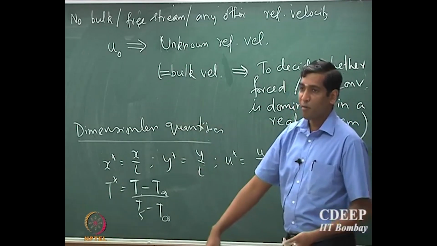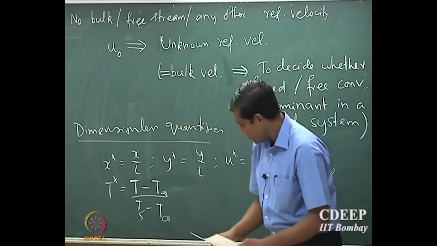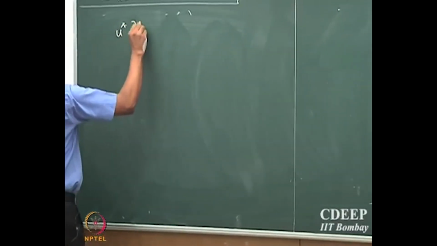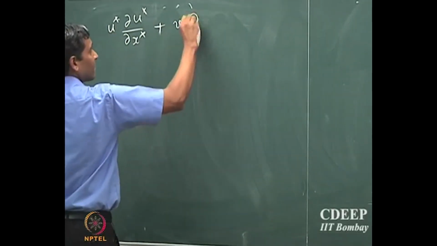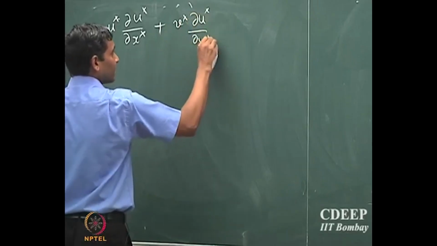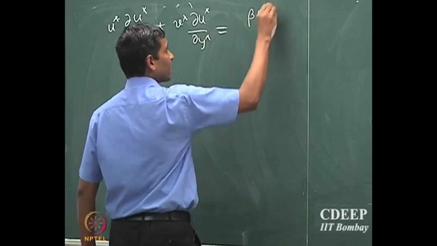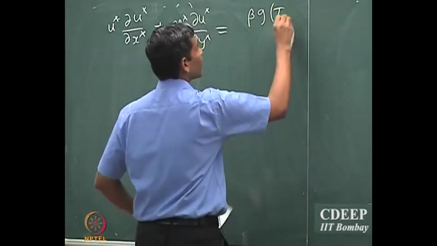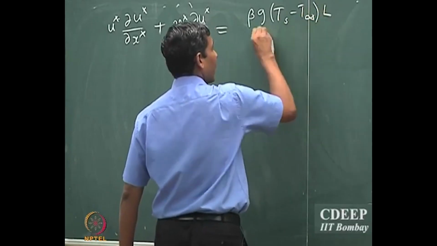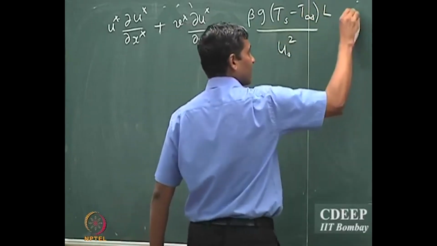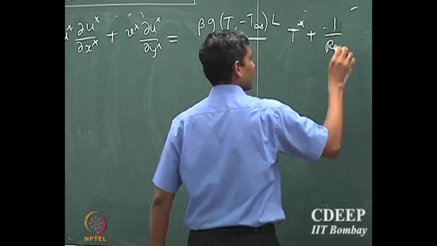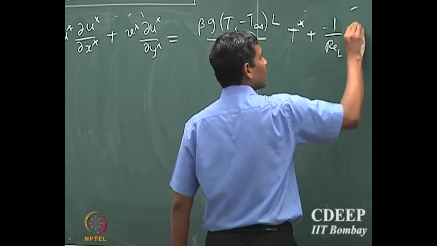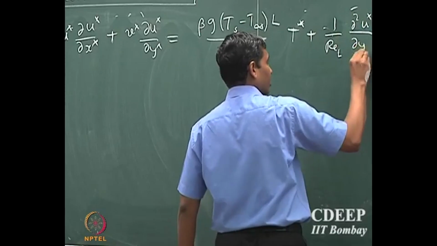So now I can convert all these model equations into the dimensionless form, and so that will be something like this. So that will be u star du star by dx star plus v star du star by dy star, that's equal to beta gravity Ts minus T infinity into L by u naught square into T star plus 1 by Reynolds number, based on the length, into d square u star by dy star square.